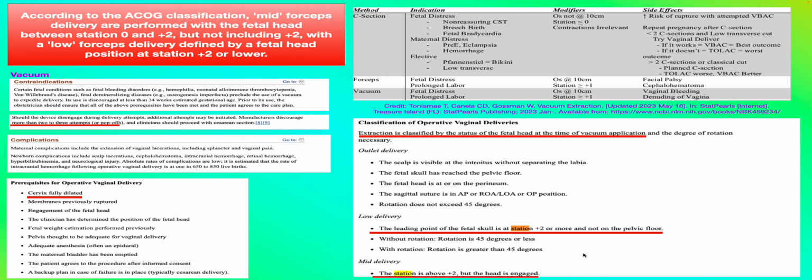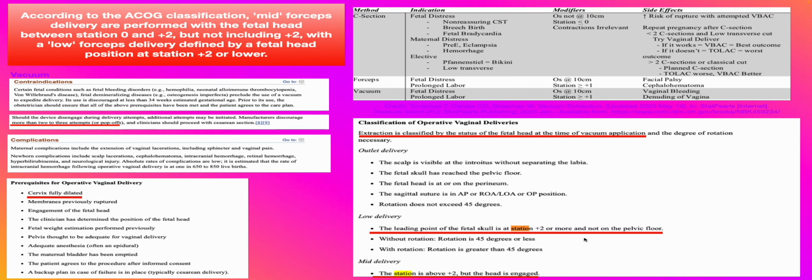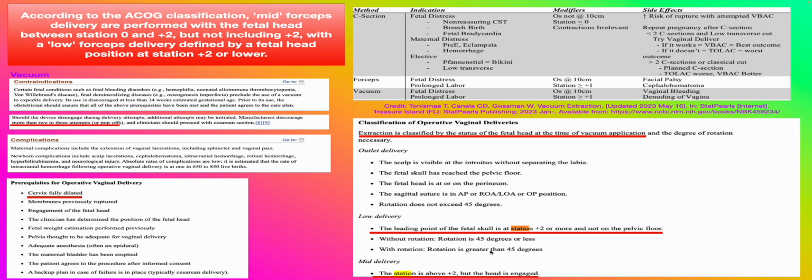And then low delivery, which we defined here for forceps. This is when we're at station +2 or more, but we're not on the pelvic floor. And in these low deliveries, we have an additional criteria.